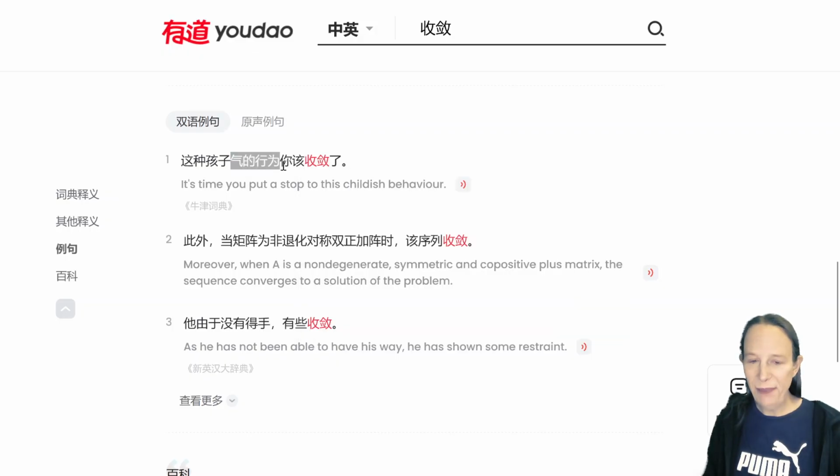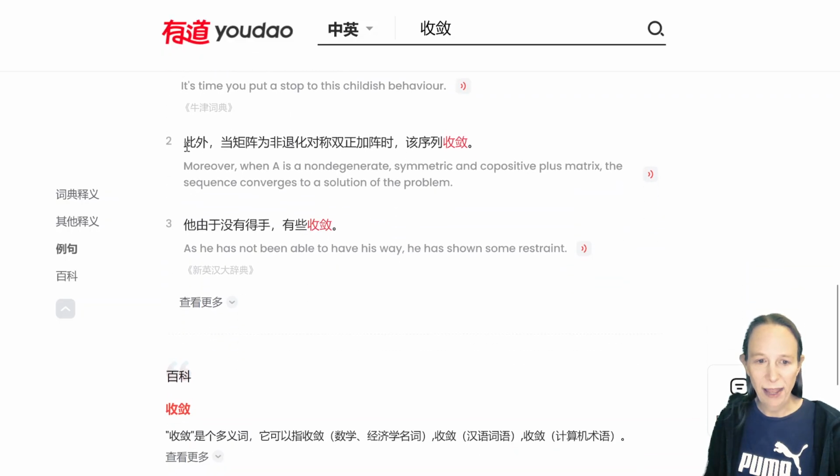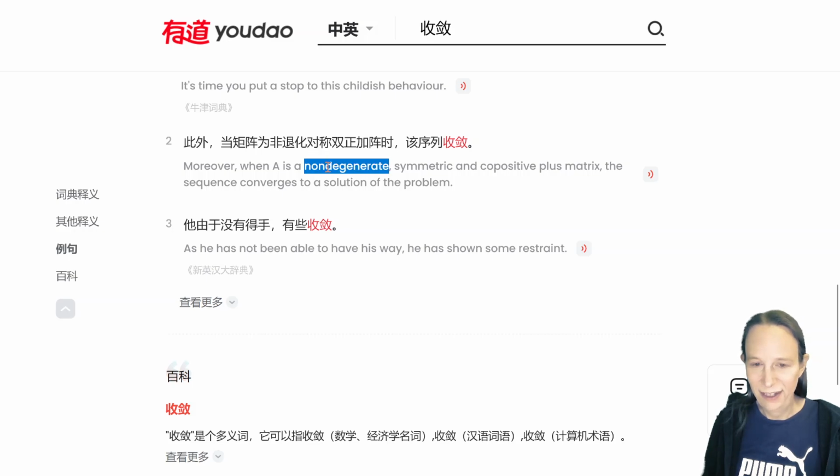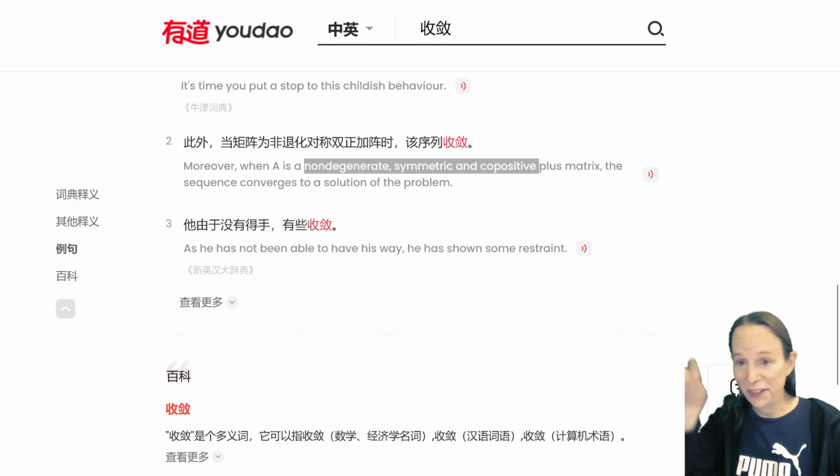So you're stopping this behavior, not holding back on your own behavior. 此外，当矩阵为非退化，矩阵 is a matrix, right? This is a maths context. 非退化 non-degenerate.